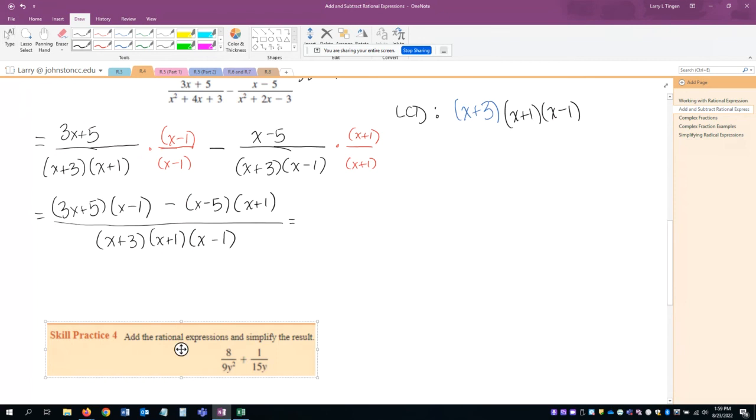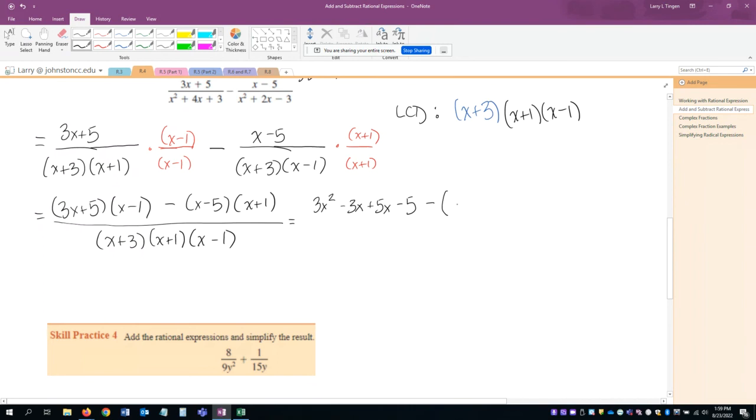I need to multiply the numerators. So I'm going to do that. 3x plus 5 times x minus 1 is 3x times x, which is 3x squared. 3x times negative 1 is negative 3x. Inner is 5 times x, which is 5x. And 5 times negative 1 is negative 5.